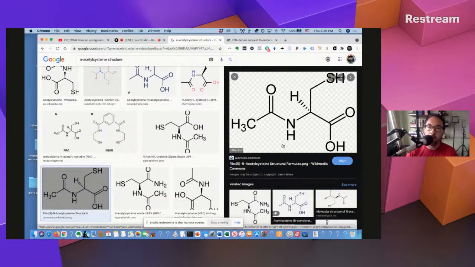Off the top of my head, I'm not sure why it is less toxic, because the reactivity is going to be from this sulfhydryl group, but I'm going to guess that it's from steric hindrance.